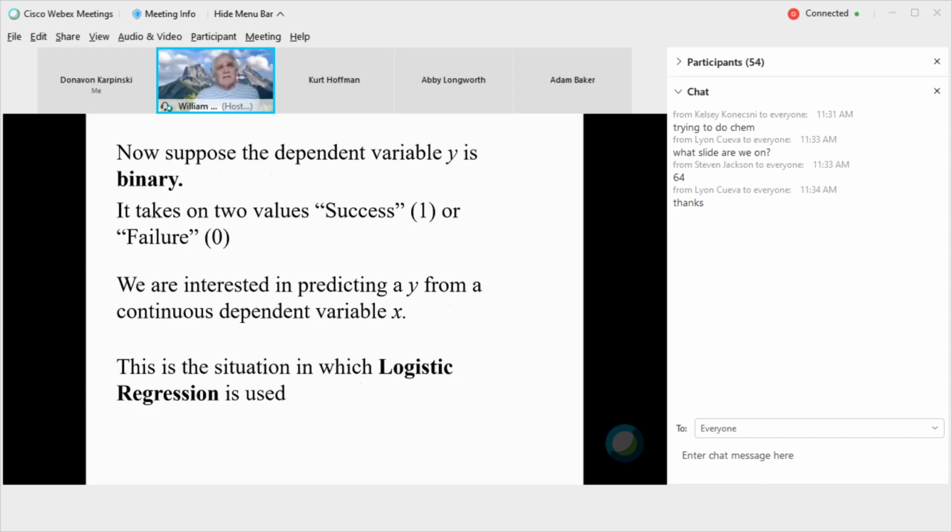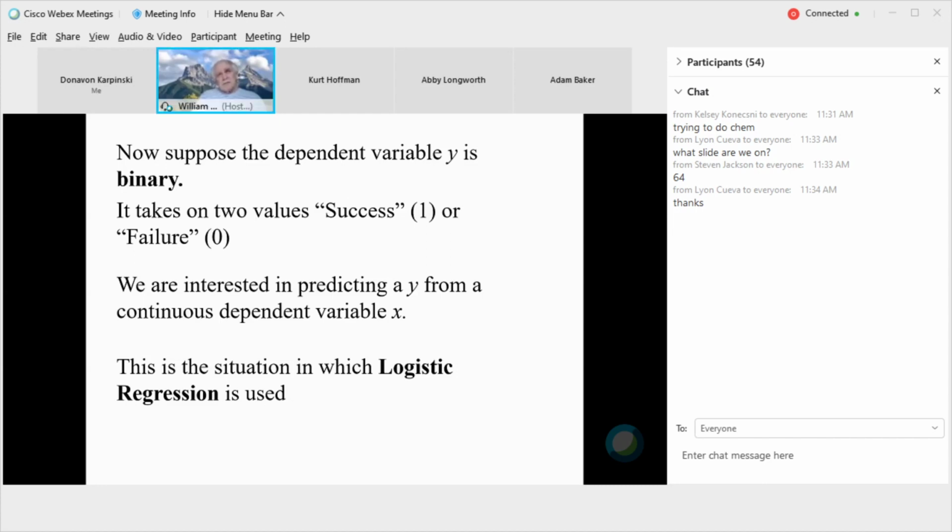We're looking at people playing sports, hockey, football. The dependent variable is whether they suffer a fracture, bone fracture. So success, they do suffer a fracture. Failure, they don't suffer. Success and failure are just labels.